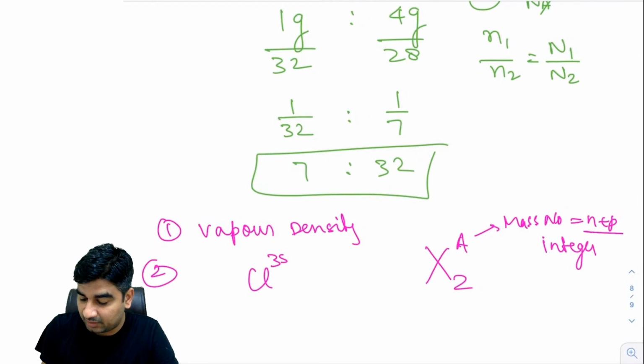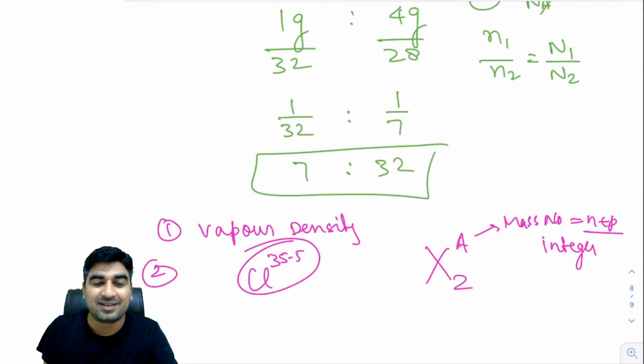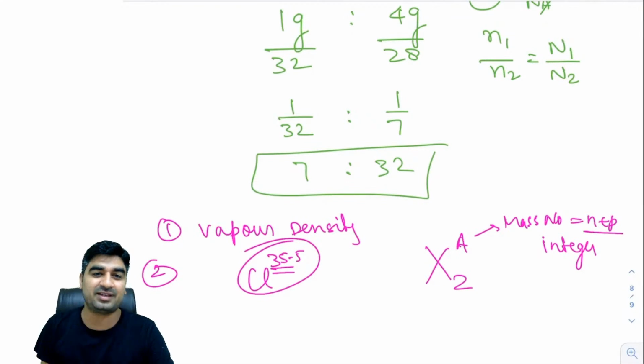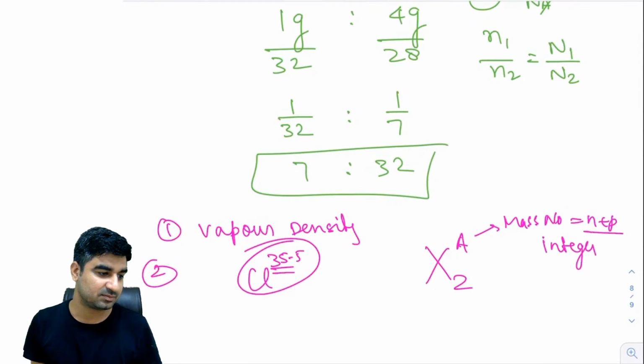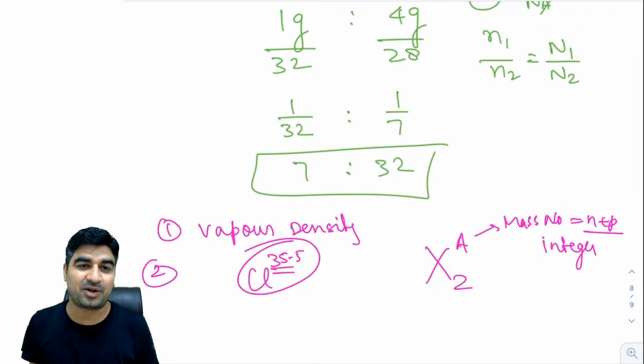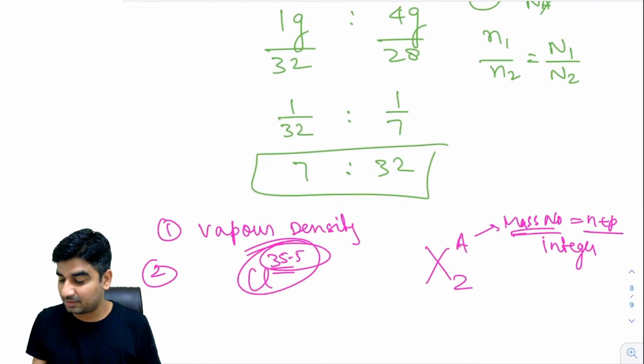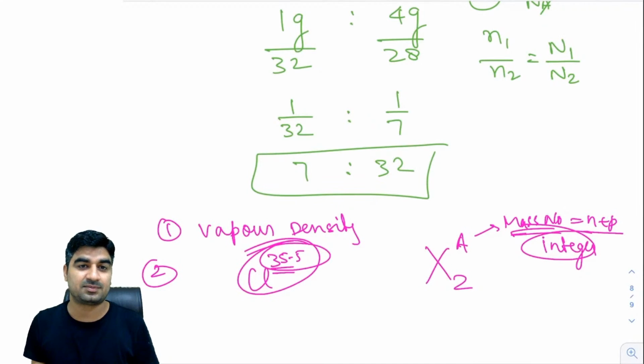Then why is 35.5 written over here? It should be an integer only. So what is this 35.5? Is it mass number? Mass number can only be an integer.